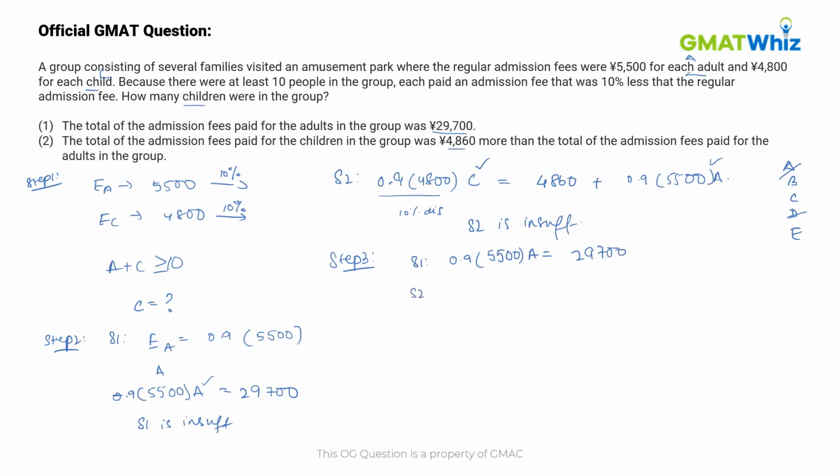And from statement 2, we have 0.9 times 4800 multiplied by C. This is equal to 4860 plus 0.9 times 5500 A. Now, we can find the value of A from statement 1 and then substitute it in the equation we deduced from statement 2, which will give us the value of C. So we can say that statement 1 and statement 2 combined are sufficient. Hence the correct answer is option C.